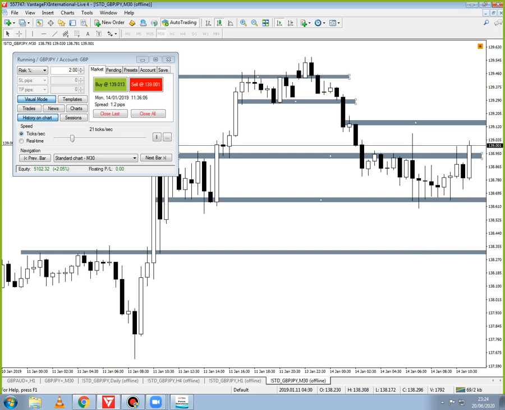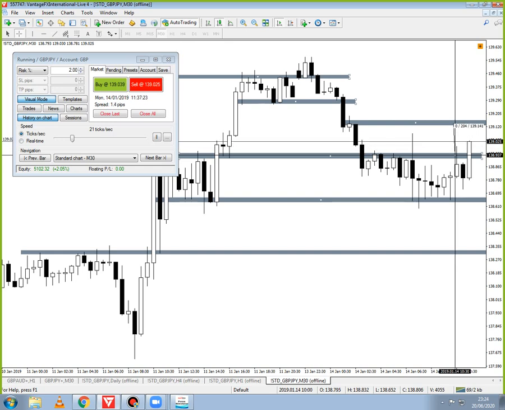So price is already starting to break up now on the 30 minutes. Ideally we want to see this candle close above this area here at 138,930 for a continuation moving up to this resistance here.